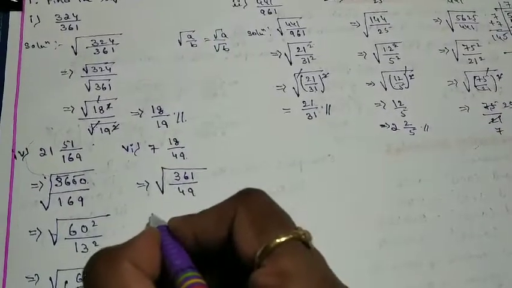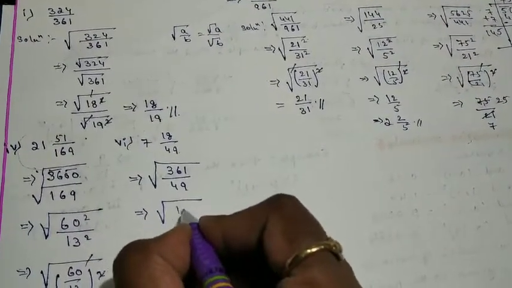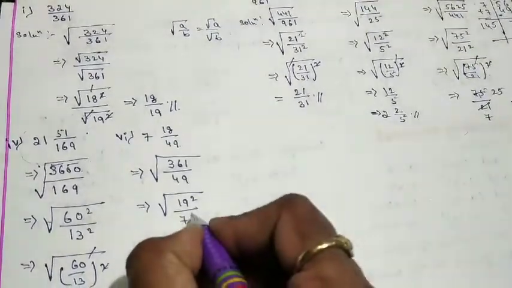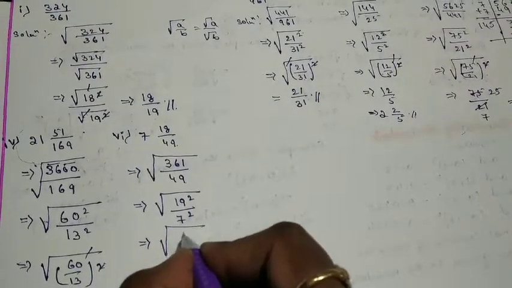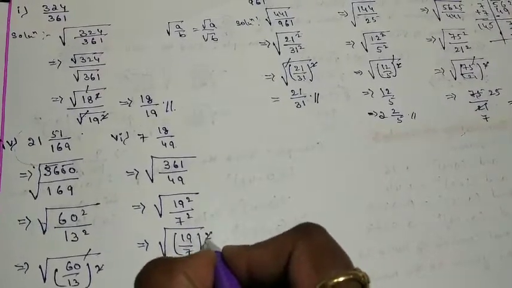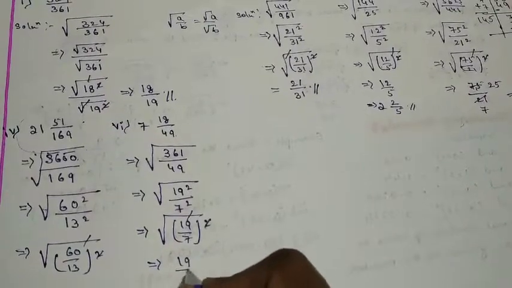We know that 361 is a perfect square of 19, so I can write it as 19 square, and 49 is a perfect square of 7, so I can write it as 7 square. Then the square root of 19 divided by 7 whole square. Then square and root get cancelled. Then the final answer is 19 by 7.